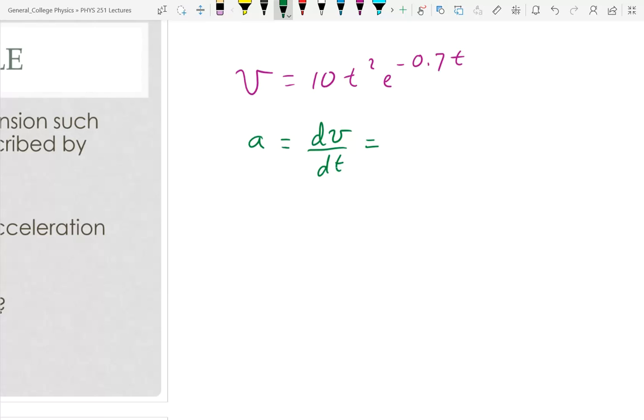So dv dt, I have t squared e to the something t, which means I'm going to have to do product rule. So doing the product rule, derivative of 10t squared is 20t.